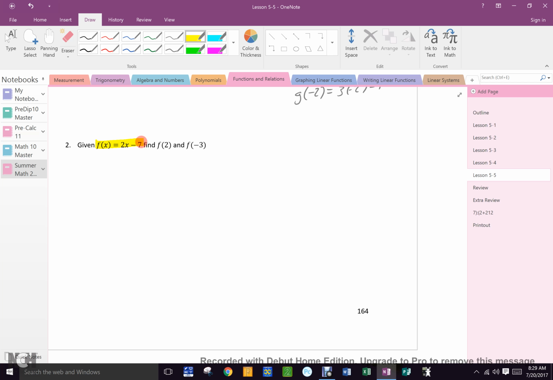All right, so what is that? What does a 2 written there mean? That I have an input of what? So I do not want the f of x, which equals 2x minus 7. What do I want? The f of 2, which equals what? 2, no, don't do that.